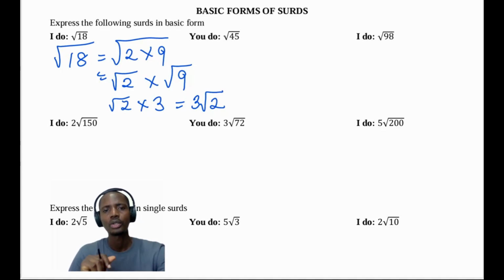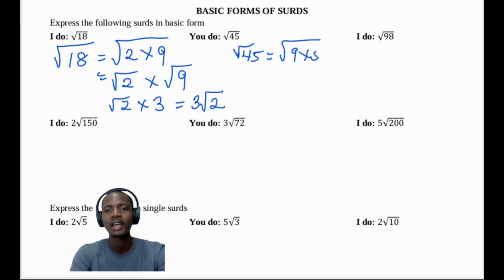All right, so pause this video and you do the square root of 45 and let's see what you have. All right, so what do you get? Okay, let's see. So for root 45, two numbers will multiply such that one of the numbers is a perfect square because that makes it very easy. So you should think of root 45 equals, what do you have? 9 times 5, yes.